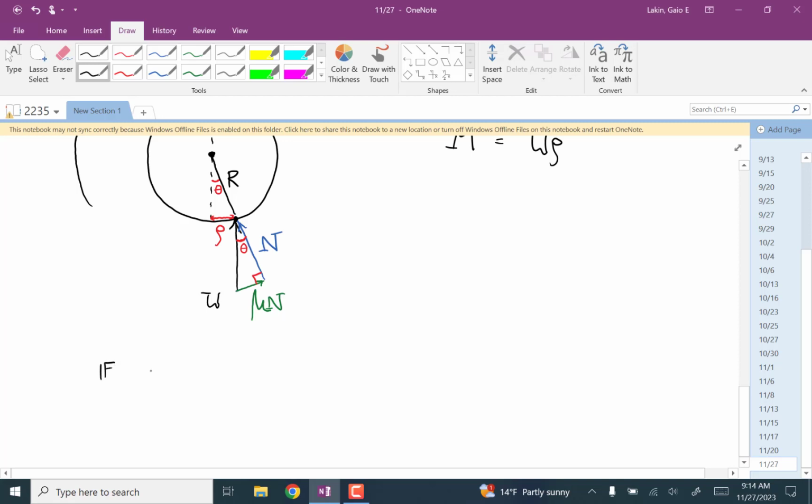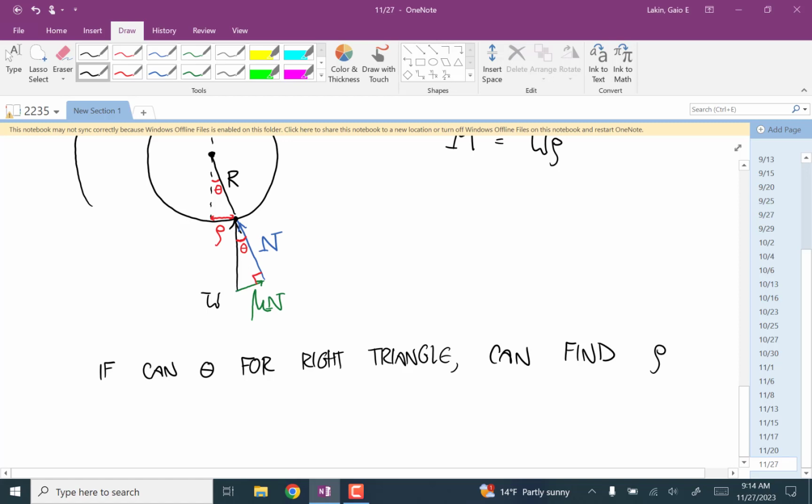So if you can find that theta for the right triangle, then you can use that to find rho.